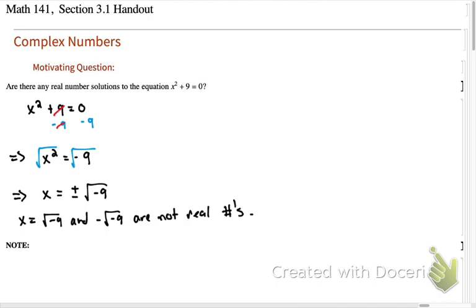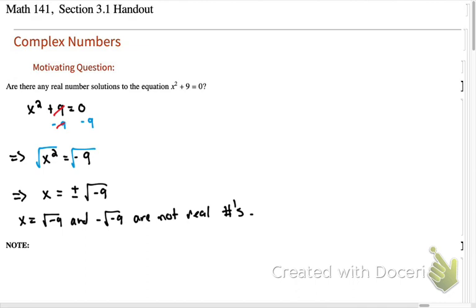We cannot take the square root of negative 9. There is no number that multiplied by itself equals negative 9. There are no real numbers that square to negative 9. So these are the solutions to the equation, it's just that the square root of negative 9 and minus the square root of negative 9 are not real numbers.